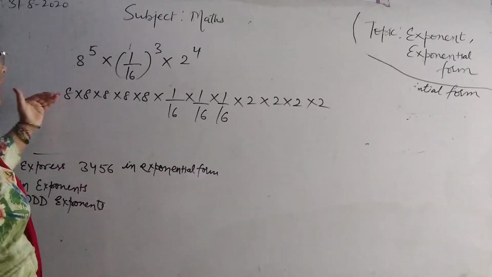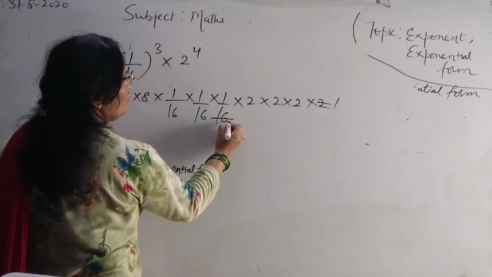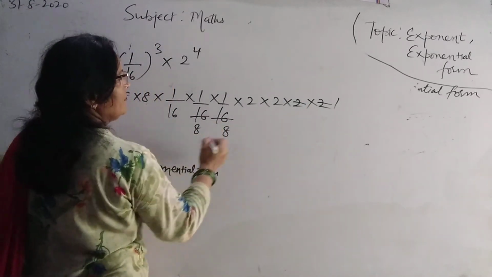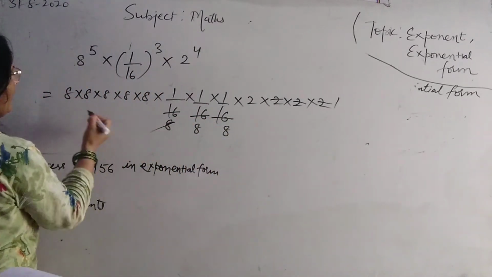Now you can simplify here. Let's take the highest common factor 2. 2 8 is 16, so simplify with it. Then 8 1 is 8.